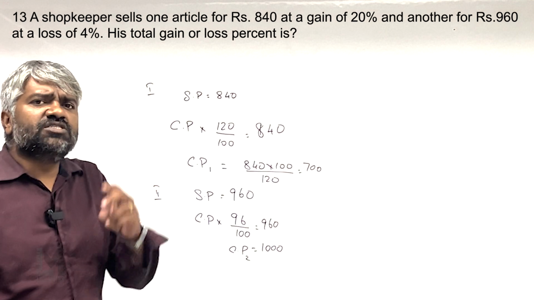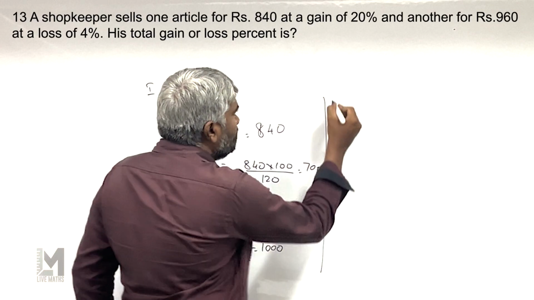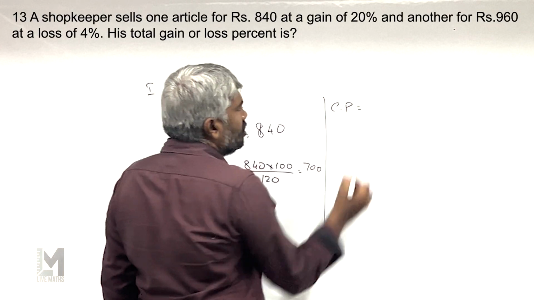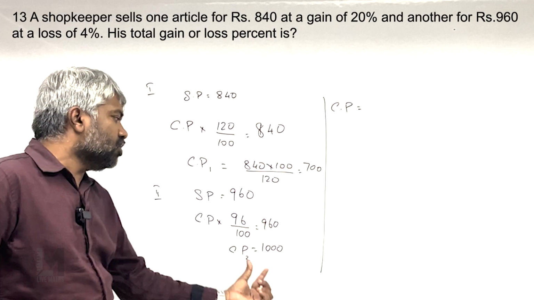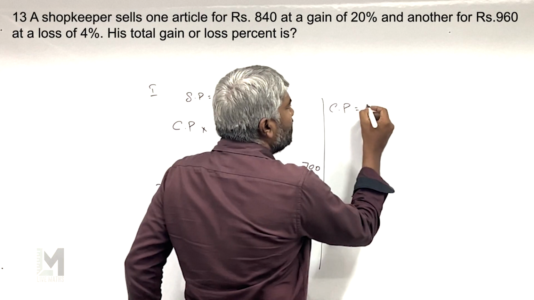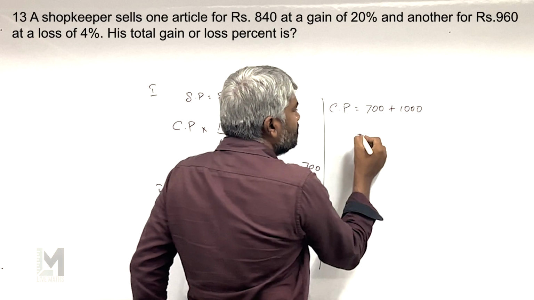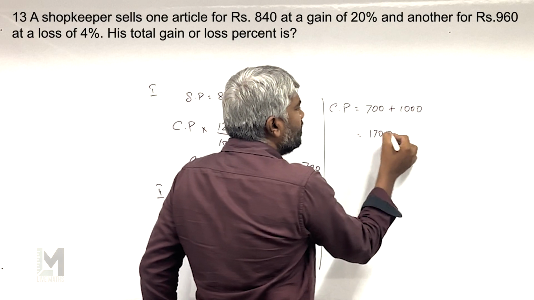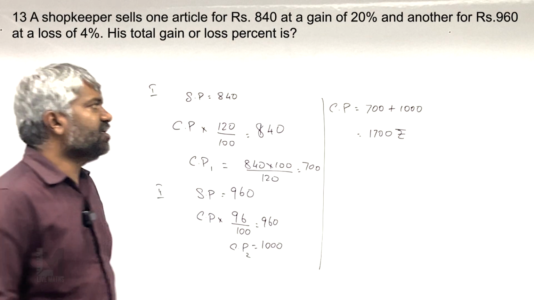Now, I am going to consider both the objects together. This is total cost price. What is total cost price? Cost price of first product plus cost price of second product, 700 plus 1000. So, together the cost price of both the articles is 1700.